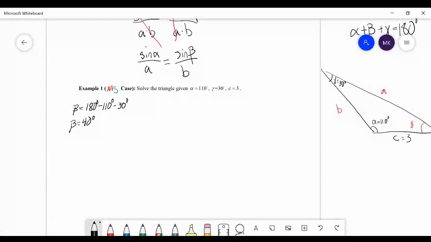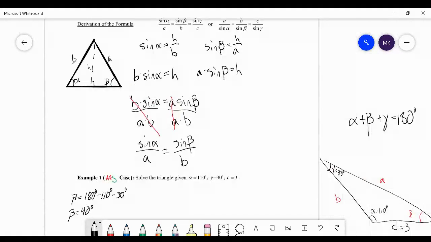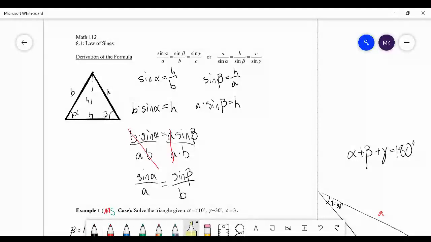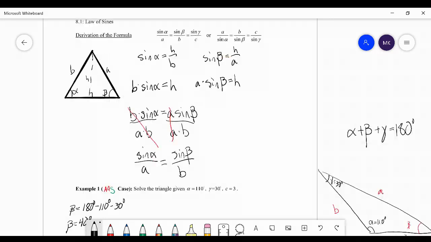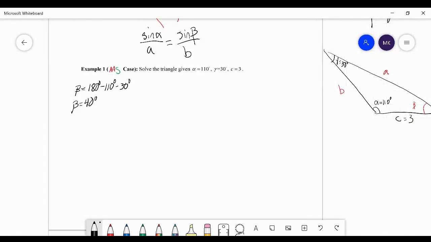All right, we have one of our three things needed to find. So now we want to use our law of sines to find A and B. Since those are the things we're trying to find, we want to use the versions of the law of sines where the side lengths are on top. Again, that just makes our calculations a lot easier, and you're going to see that here. Now, I only know side C, so I have to use angle gamma.